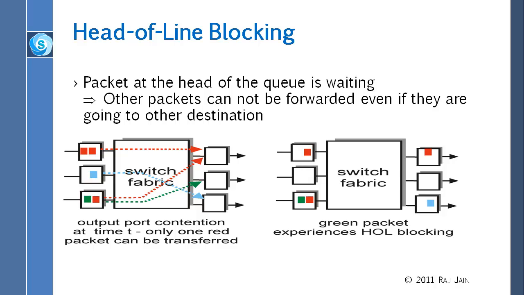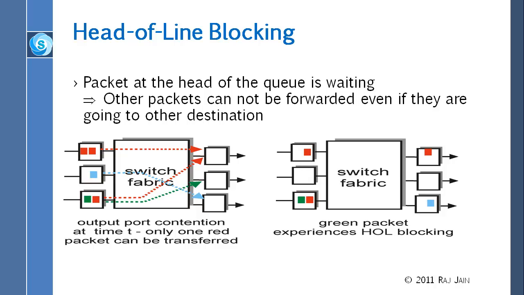Now, in some switches, you have packets queued at the input, so they wait until their turn to go. And in that case, what will happen is, suppose somebody wants to go to this position, right? And so the red packet wants to go there. However, this port is busy because somebody else is going there.